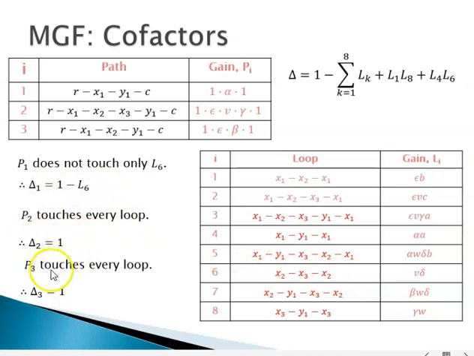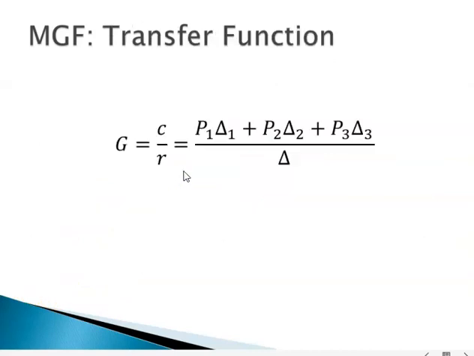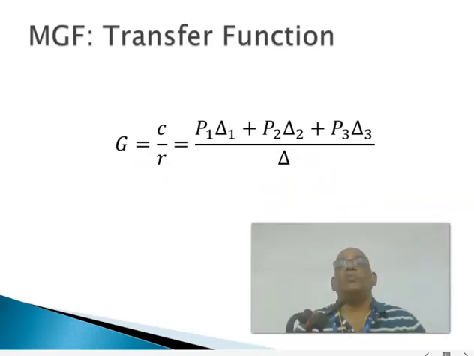Similarly, delta 2 is 1, delta 3 is 1. So you know what is P1, P2, P3, delta 1, delta 2, delta 3, and thus you find the overall gain from output to the input, that is C by R, is P1 delta 1 plus P2 delta 2 plus P3 delta 3 by delta. See, in one stroke you found the transfer function.